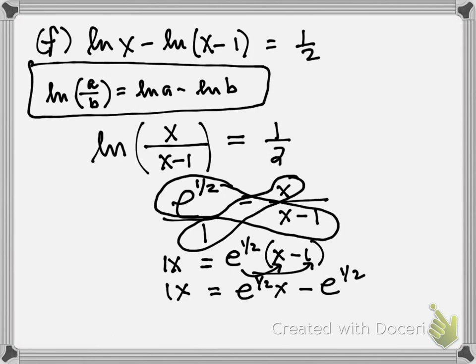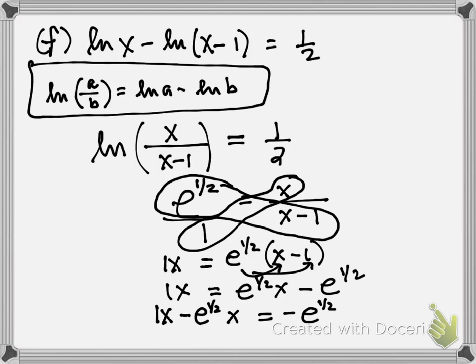Now I have to put all these x terms together. So I will have 1x minus e to the 1/2 x equals negative e to the 1/2, since I decided to move the e to the 1/2 x to the left side.